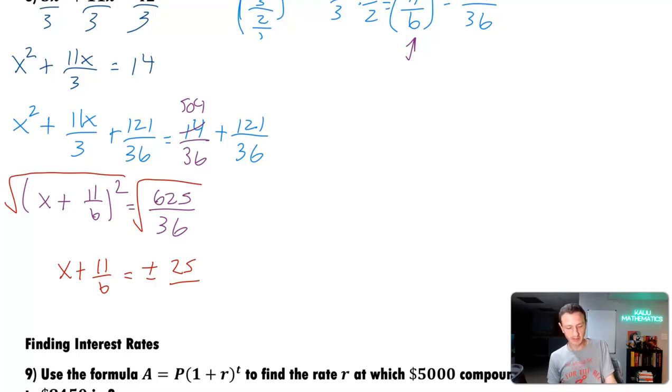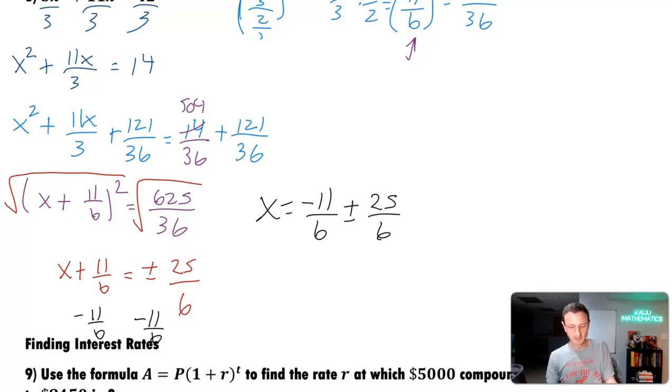The square root of 36 is 6. The radicals simplify. That's really, really awesome that happens. That is really nice. It's pretty exciting. So then now I just have a pretty manageable problem. So I'm going to subtract 11 over 6 from both sides. So I get x is equal to negative 11 over 6 plus and minus 25 over 6.